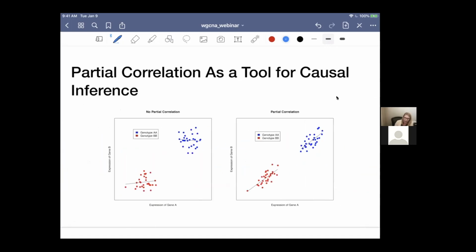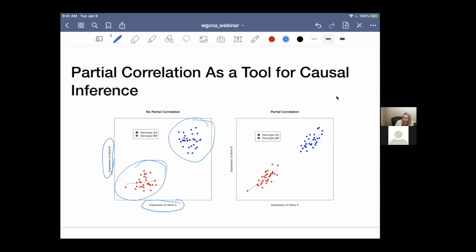How partial correlation tests this: we're looking at the association between two genes. Let's say gene A, here along my x-axis, has a strong cis-eQTL. So we see this pattern of really high values in people with genotype A and really low values in people with genotype B. If gene B is also associated with that gene, then it looks like, when we do a correlation, that these two genes are correlated with one another.